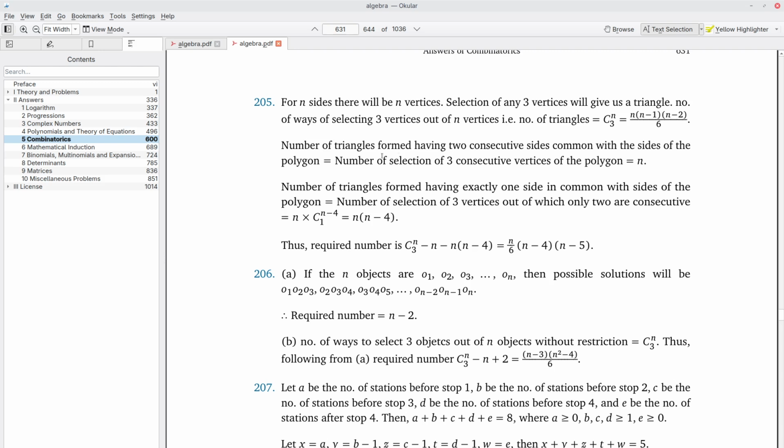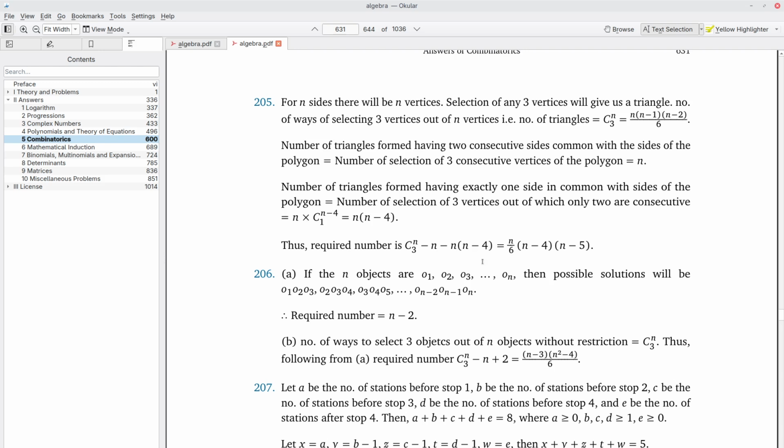Now the number of triangles formed having two consecutive sides common with the sides of the polygon will be the number of selections of three consecutive vertices of the polygon, that is n. So take two sides and go on moving around the polygon and you will have that as n. Now the number of triangles formed having exactly one side in common with sides of the polygon is equal to the number of selections of three vertices out of which only two are consecutive.